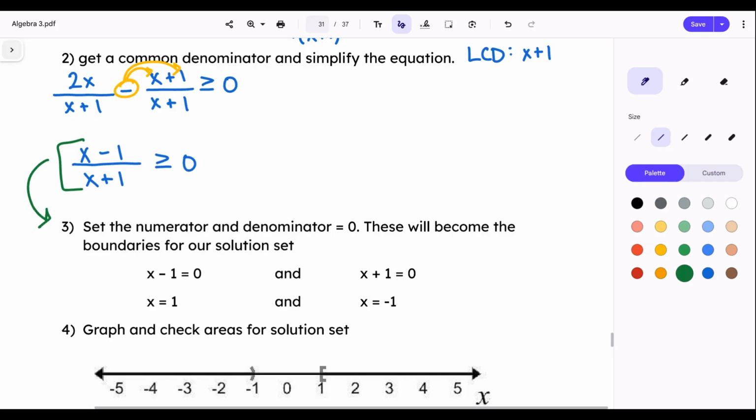So they're showing you down below, the numerator is this x minus 1. They're setting that equal to 0, and they're getting x equals 1. And then they set the denominator equal to 0. That's what's written here, and they get x equals negative 1. Now, also just keep in mind that this negative 1 is the value that would cause the denominator to become 0.